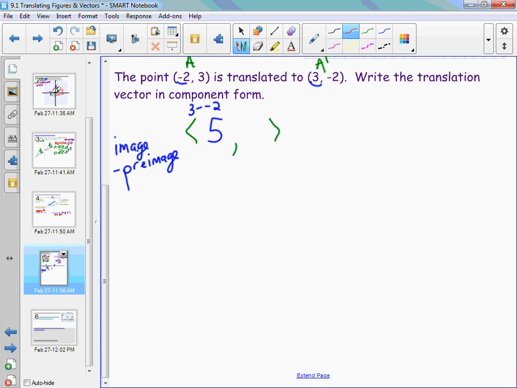And for the y, we are going to take negative 2 minus 3. Again, image, so A prime, minus pre-image, and we get negative 5. So we are going right 5 and down 5.